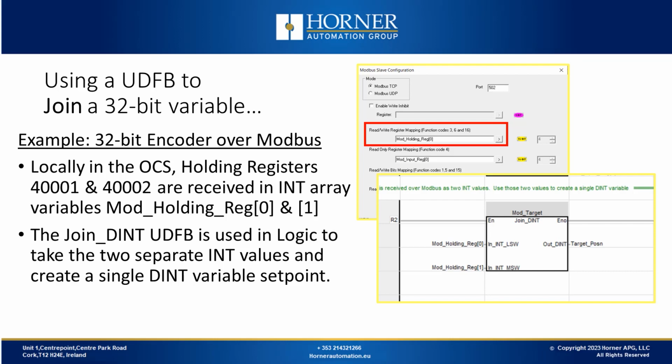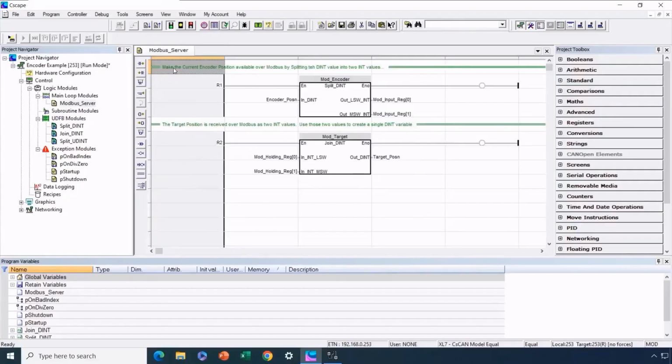Input registers are read-only, holding registers are read-write, and again we're going to allocate those 40,001 and 40,002. So that means again that they're coming in through that input array, and then we're going to use the join UDFB to take those two different integers and combine them into a single double integer. Now we'll have a demonstration to see how we accomplish this.